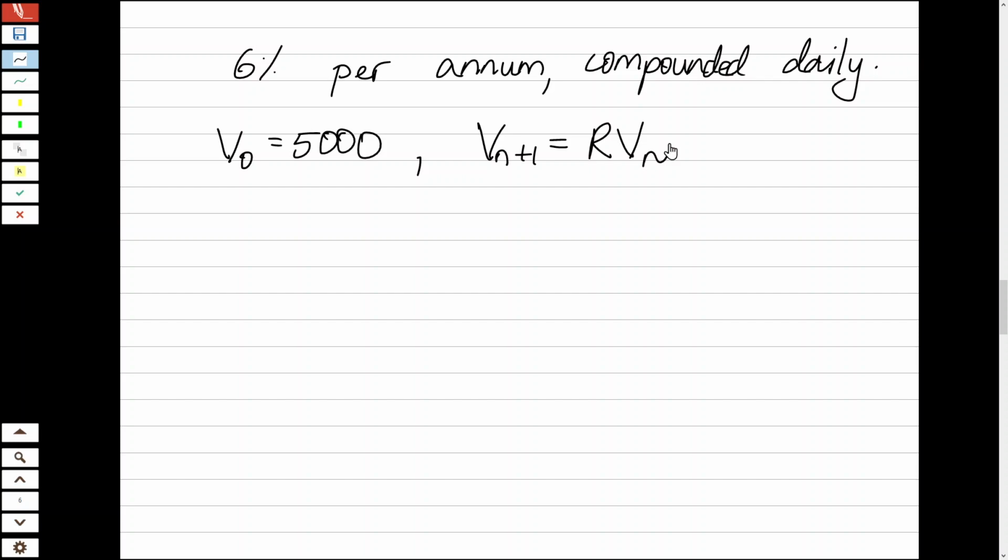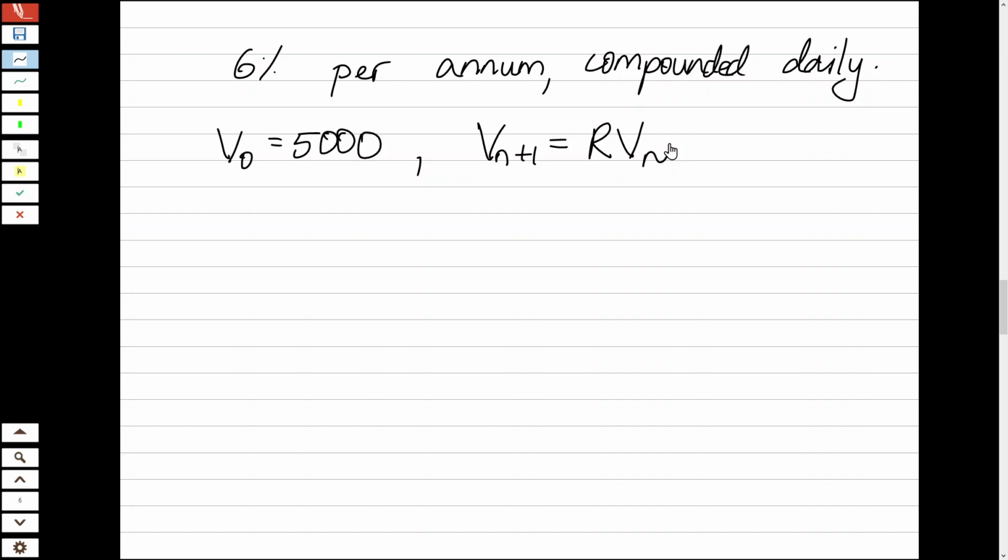So, year 12s, we're going to compound every day now. So I'm expecting it to be better because I'm compounding the interest more often.